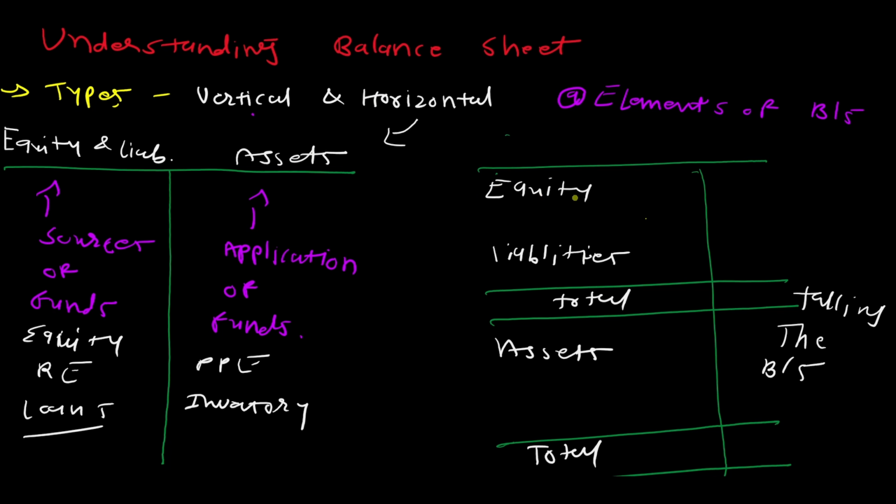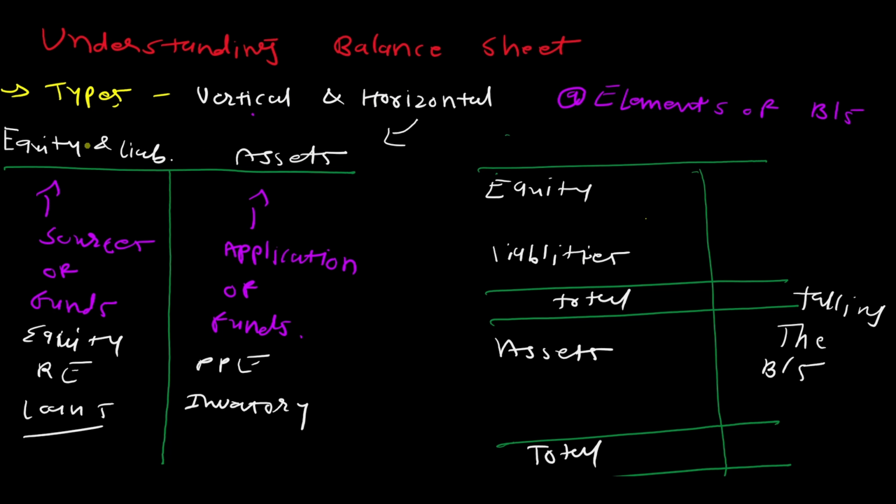The vertical balance sheet starts with the equity and below is the liability, and it gives the total of the equity and liability side, and then comes the asset and its total, and the totals will tally as per the rule of the balance sheet.